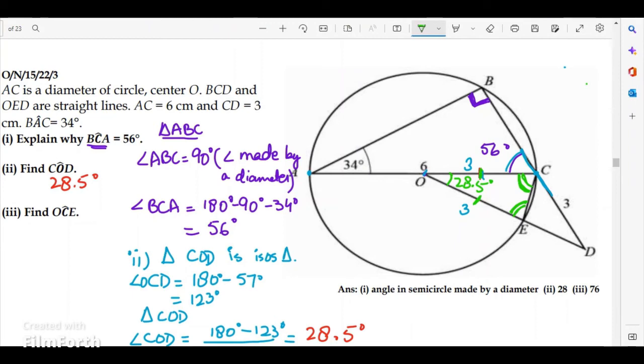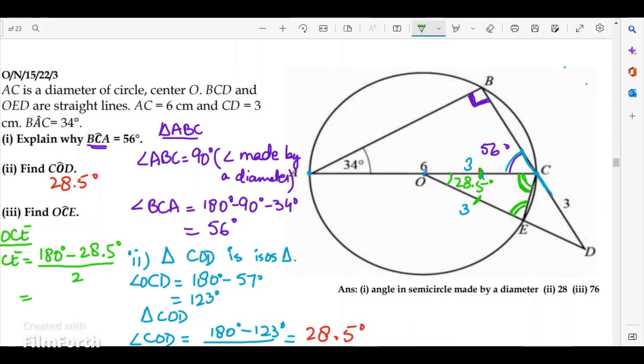So I'm looking at triangle OCE this time, and in this triangle, angle OCE would be equals to 180 degrees minus 28.5 degrees, and whatever the answer is, I'll be dividing it by 2 because it is isosceles triangle. And why is it isosceles triangle? Because OE and OC are the radii of this circle.